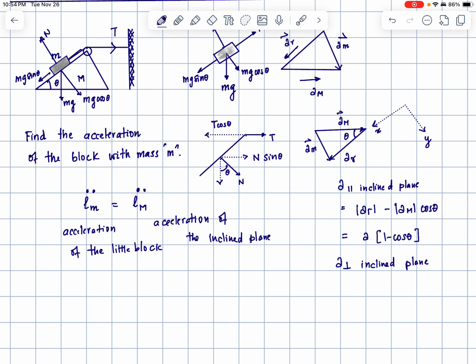Okay, so this is nothing but a times sine theta. Now once we have this, it becomes relatively simple.